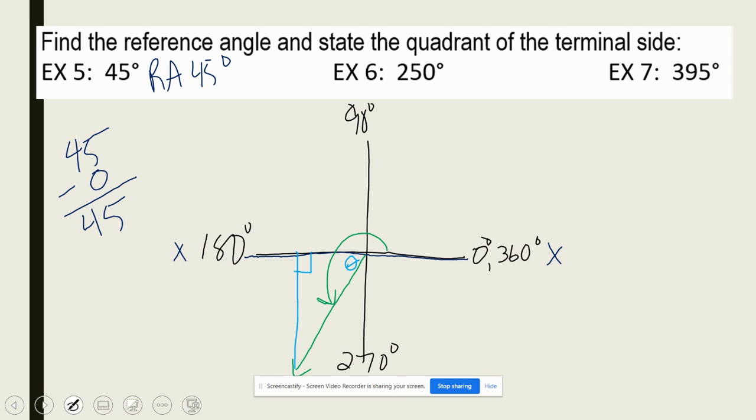Always. So we have 250, and we went to 180. 250 minus 180 is 70. So our reference angle here is 70 degrees. Is 70 acute, between 0 and 90? It is. So that works.